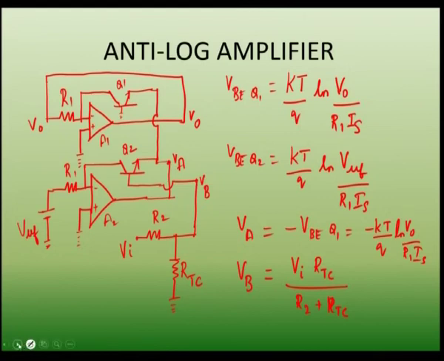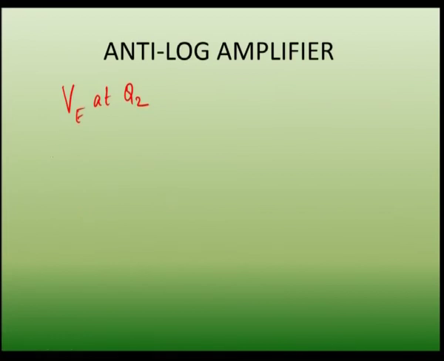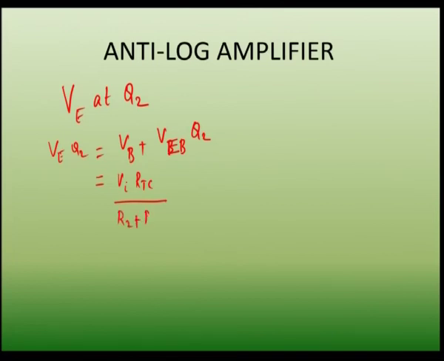So, I can write VE of Q2 as VB plus VEB of Q2, right. So, VB is calculated as Vi into RTC by R2 plus RTC, plus what is this VEB of Q2? You have to reverse the base emitter voltage of Q2 here.